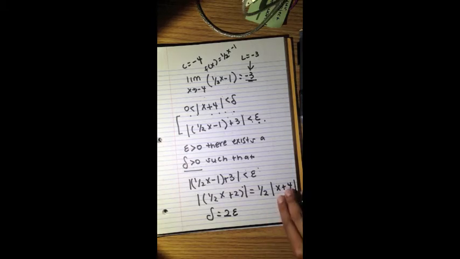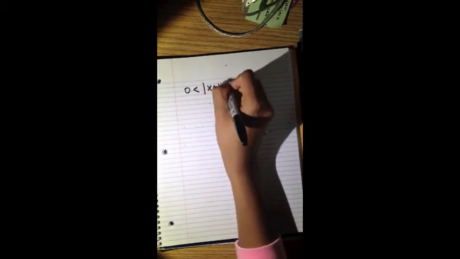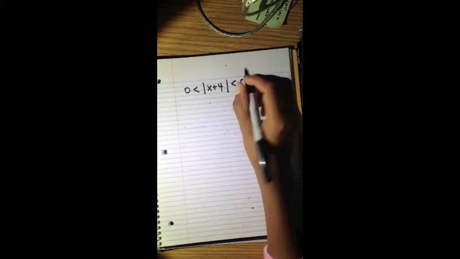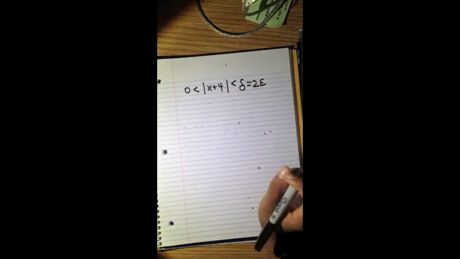Having said that, putting this all together again, you get 0 is less than |x plus 4|, which is less than delta, which as we just discovered is equal to 2 epsilon.